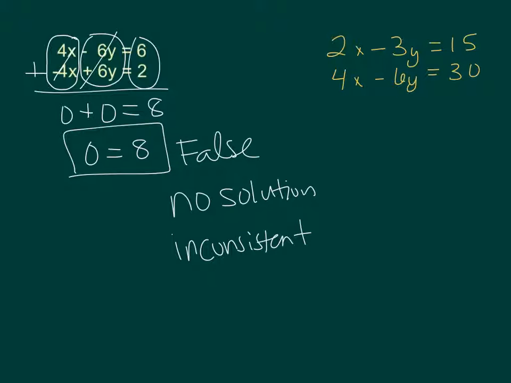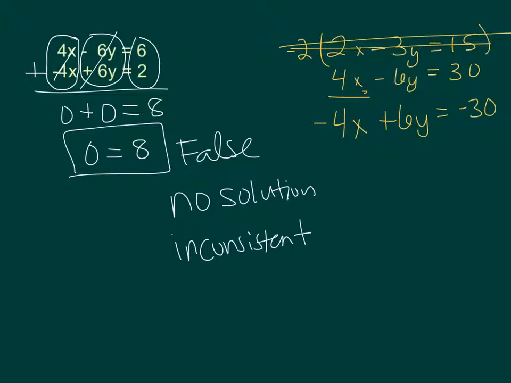Alright, so first we need to figure out opposites. We need opposites. So in the x terms, notice that 4x and 2x do not make 0. But if I multiply the top equation by -2, I get -4x plus 6y equals -30.